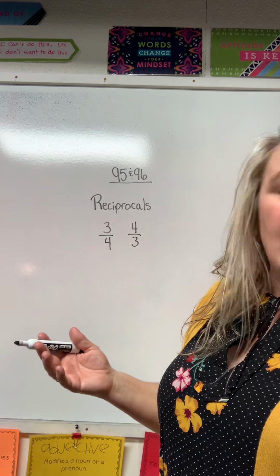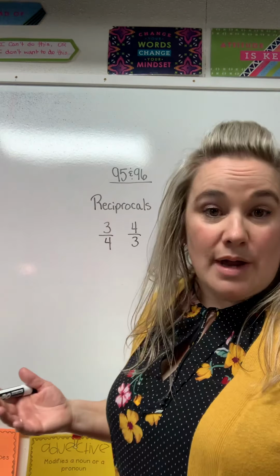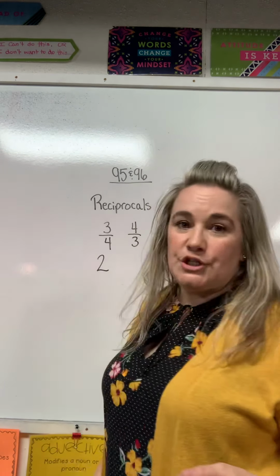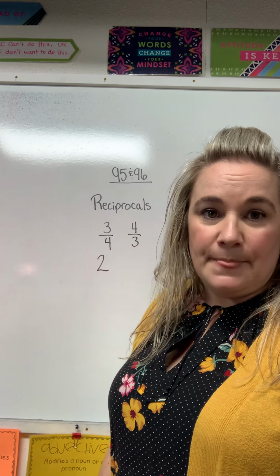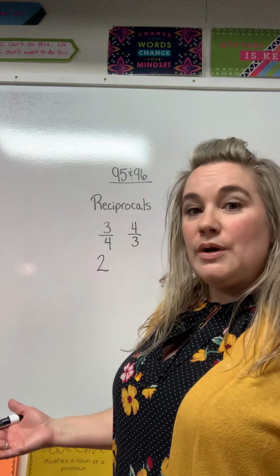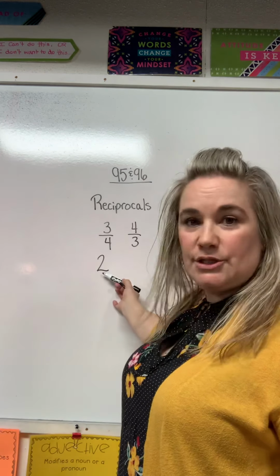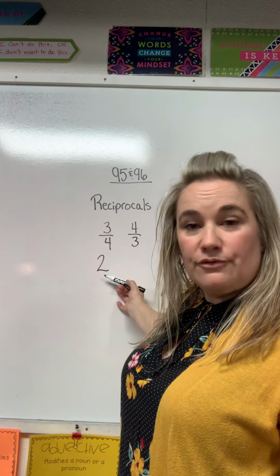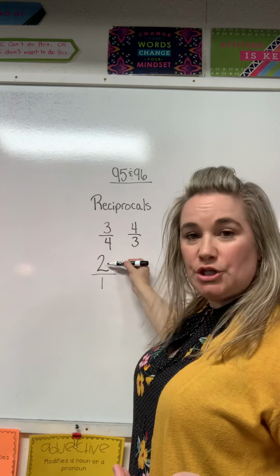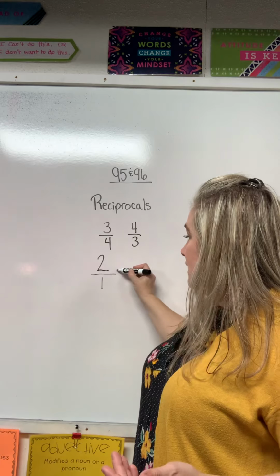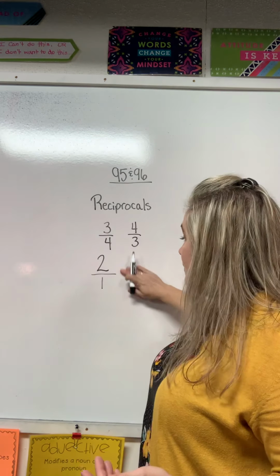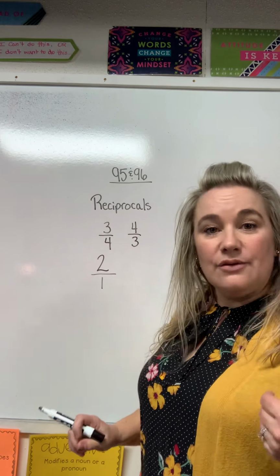Any whole number can also have a reciprocal. So if I have the whole number 2, for instance, in order to find the reciprocal, first I have to figure out what a fraction would be that is 2. How do you make any whole number a fraction? You put it over 1. So if you put the whole number 2 over 1, it's still equal to 2, but now we have it in fraction form. So now I can find the reciprocal.